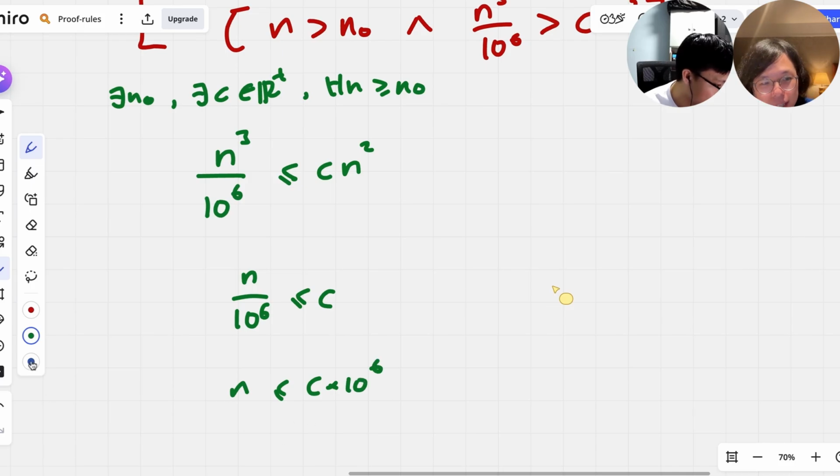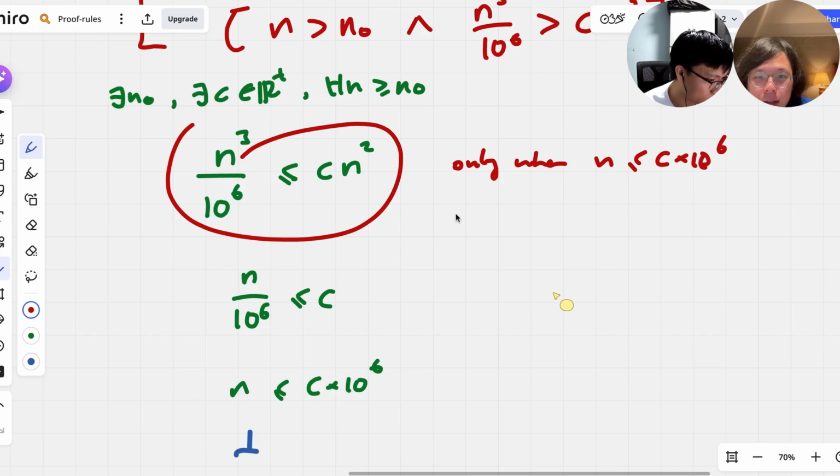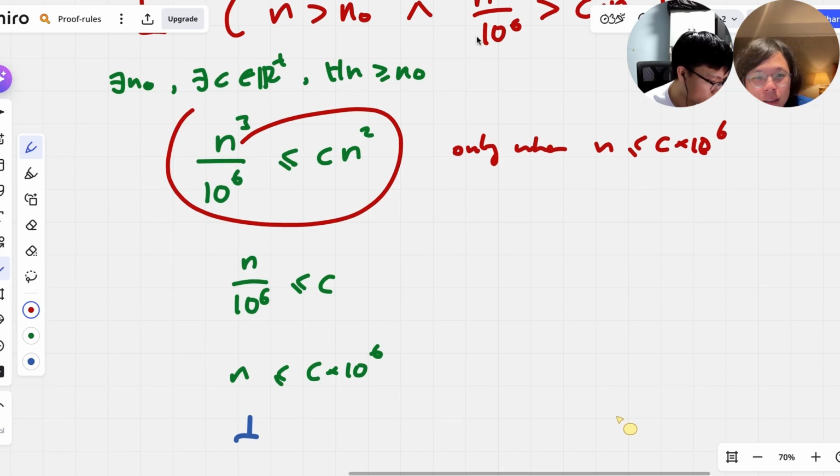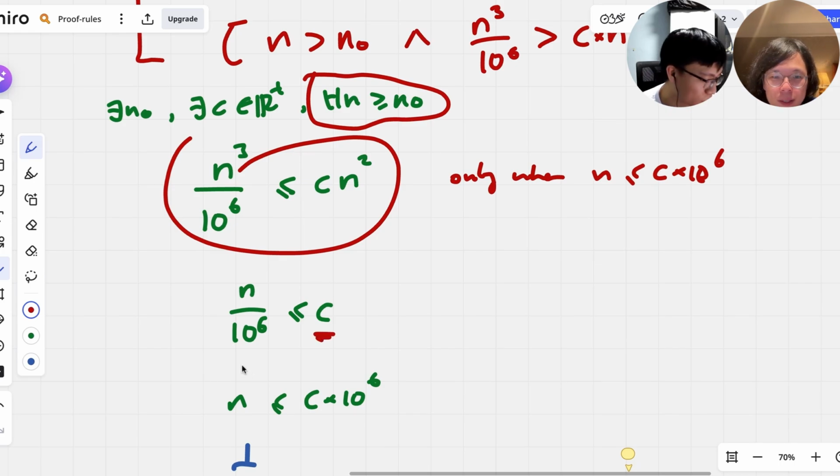But this has to be a contradiction, because we're saying this is true only when n is less than or equal to c times 10 to the power of 6, when in actuality we need this to hold for all n greater than or equal to n0. So no matter the constant value that we pick, we're always going to run into trouble.